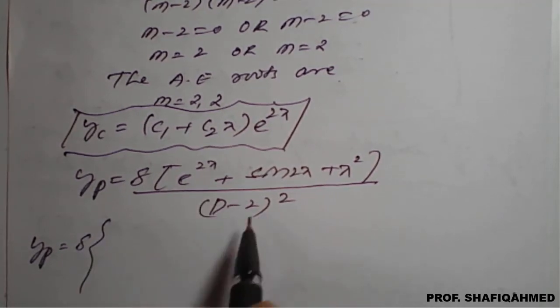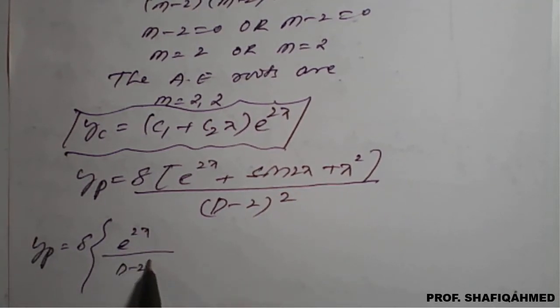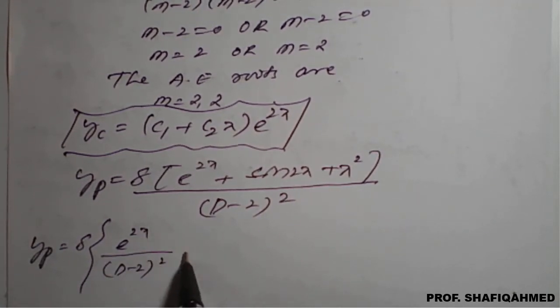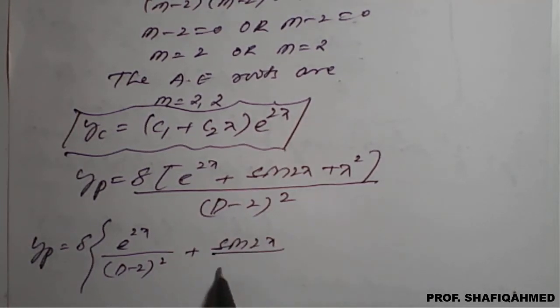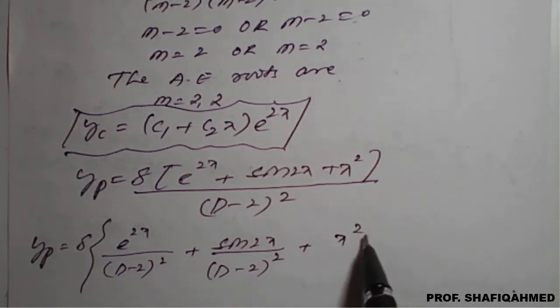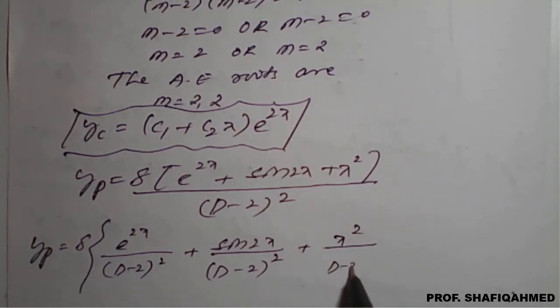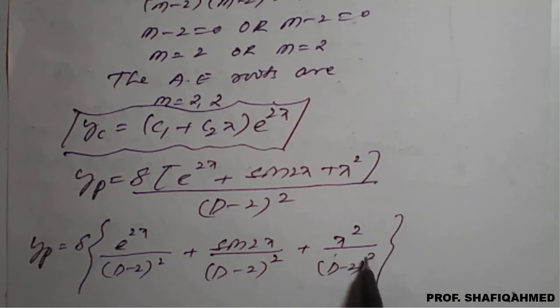e raised to 2x divided by (D minus 2) whole square plus sine 2x divided by (D minus 2) whole square plus x square divided by (D minus 2) whole square. This belongs to type 1, type 2 and type 3.